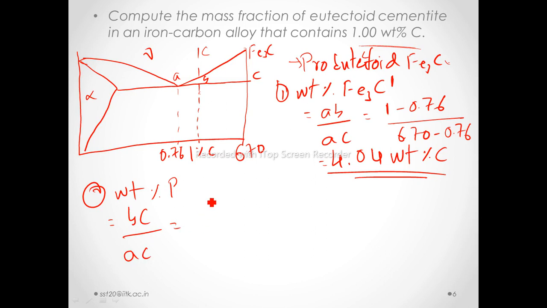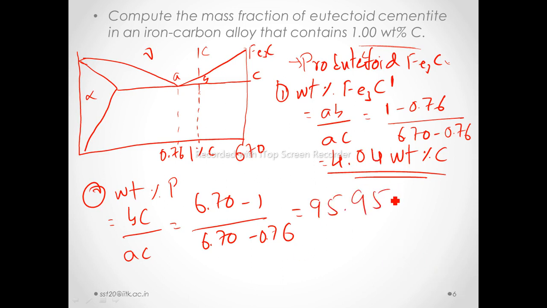Then the weight fraction of pearlite can be calculated by BC divided by AC, that is (6.70 minus 1) divided by (6.70 minus 0.76). For this one, we calculate within this area only. He is asking only for proeutectoid cementite, not the second thing; I am calculating it on my own. So this comes to 0.9596.